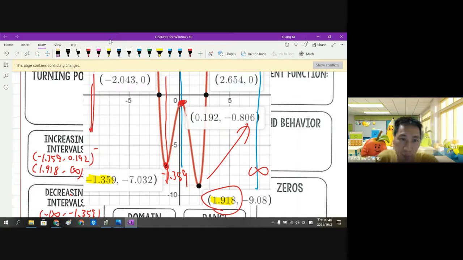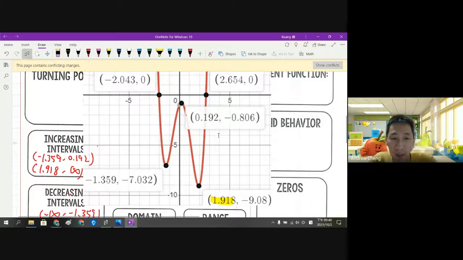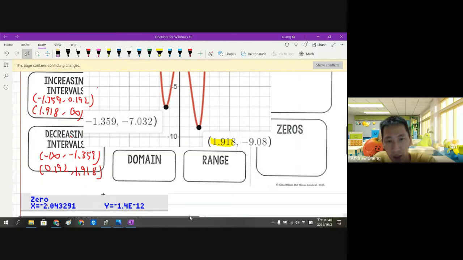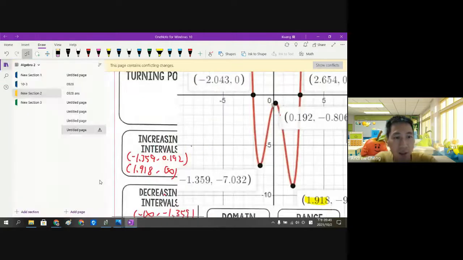Okay. All right. So you know how to find the turning point and the increasing and decreasing intervals. And then next is domain. Let me tell you a secret for domain.